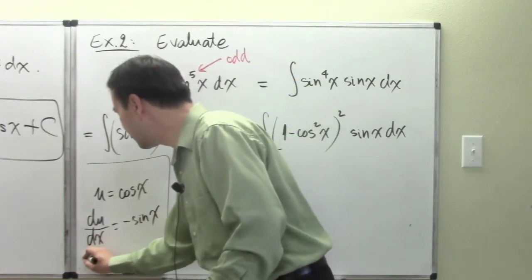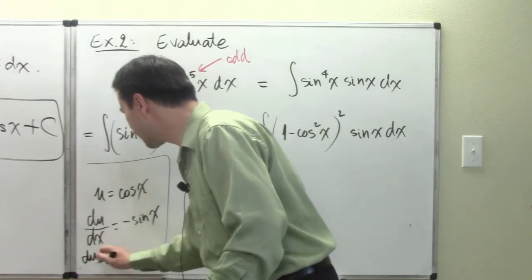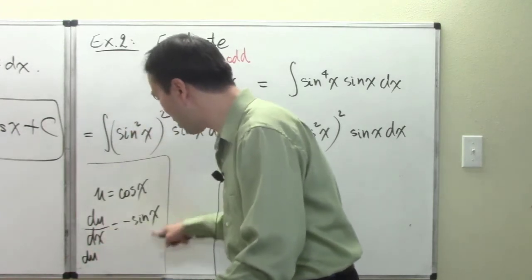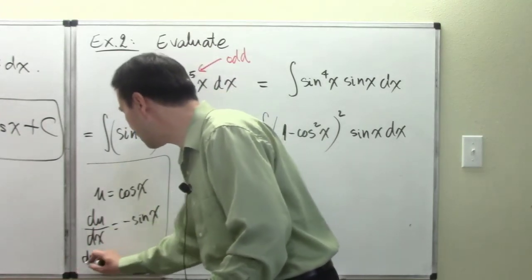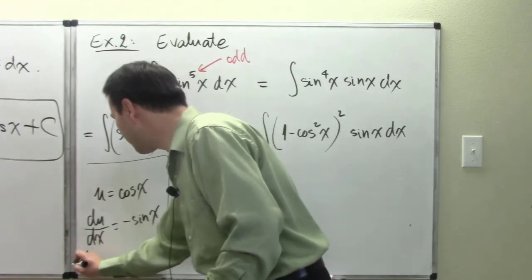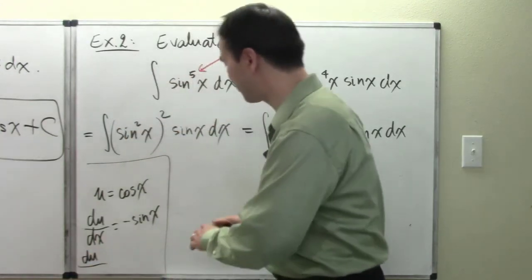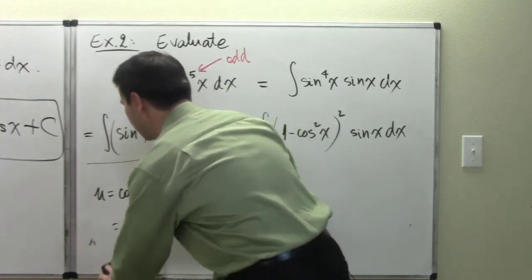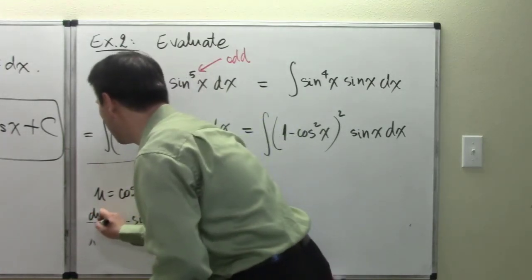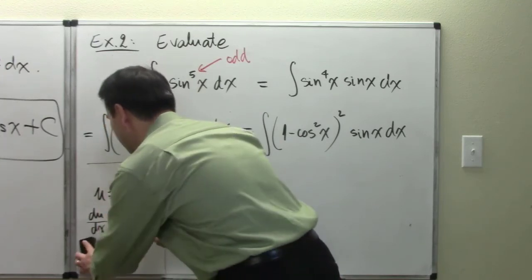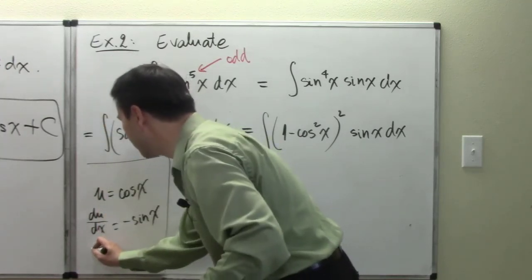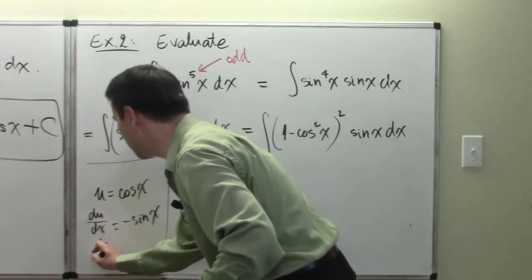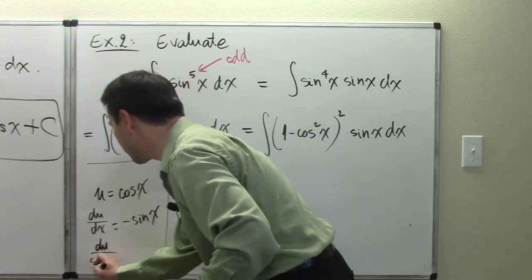Okay, but that also means further that this equation can be rearranged as du over dx. And then in the next line it can be du over sine of x.